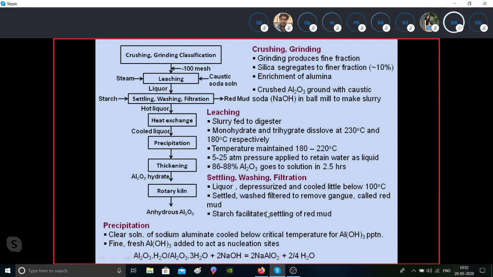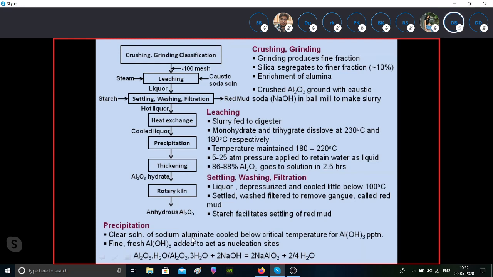And the clue you must be getting now: as and when the liquid is completely free of impurities, if the temperature is cooled down below a critical value, then sodium hydroxide starts precipitating out from the solution.